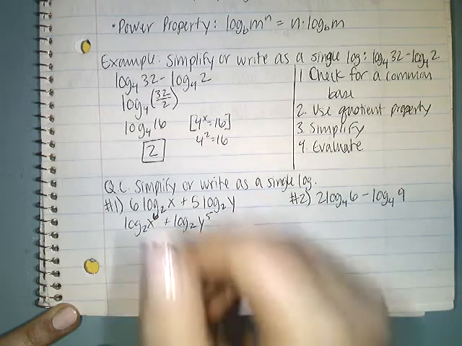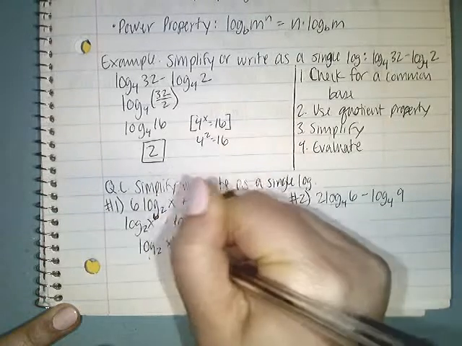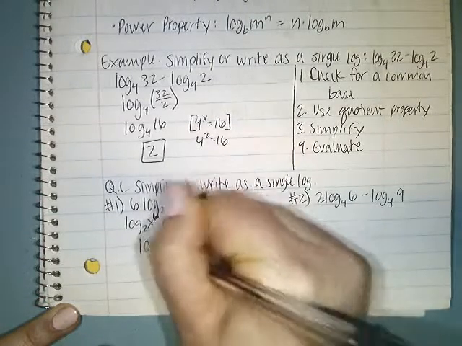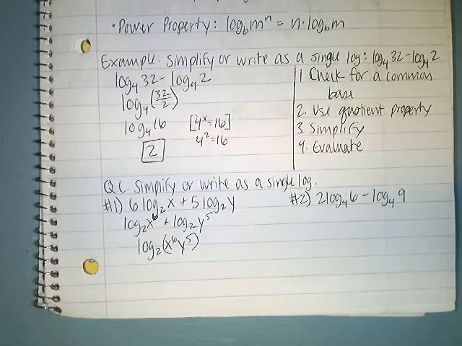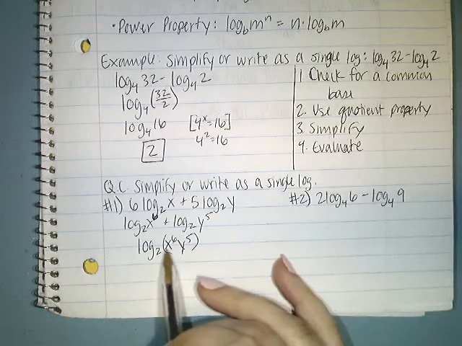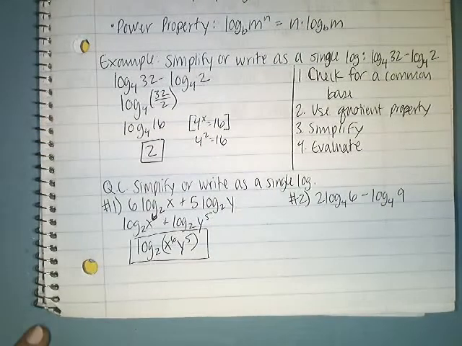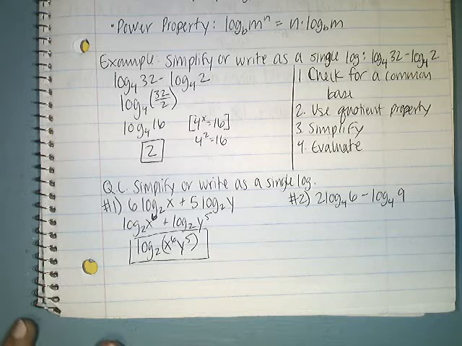Since they're being added, I'm going to multiply them. So I'd have log base 2 of x to the 6th, y to the 5th, and I'm going to put that in parentheses so I remember that that's all in one argument. That should be all. There's nothing else I can do here to simplify. So my single log is log base 2 of x to the 6th, y to the 5th.